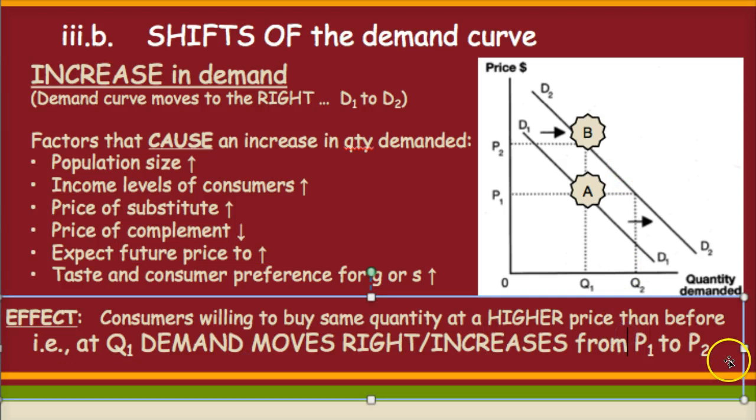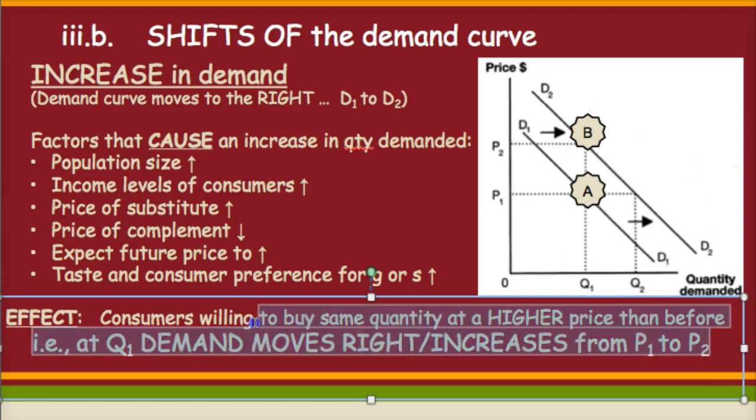Now, the overall effect that these non-price related factors have by moving the whole demand curve from D1 to D2 is that essentially, if you look at Q1 here, on the old curve, they were buying that many at this price.